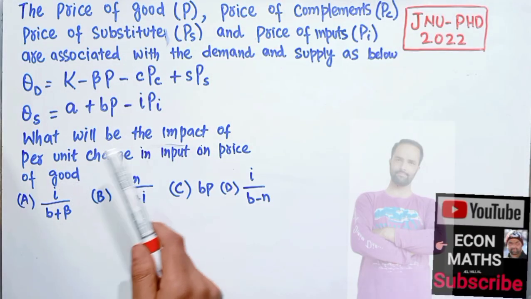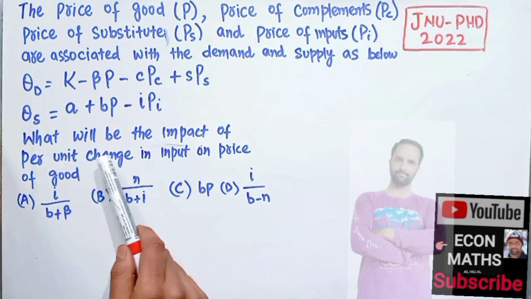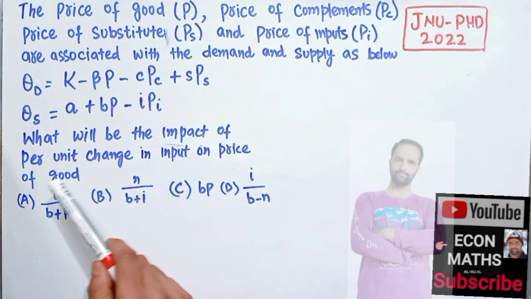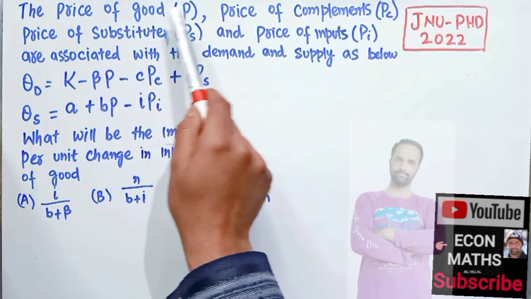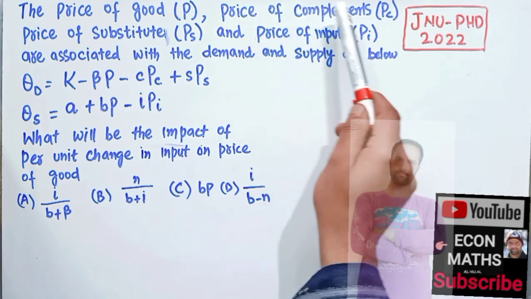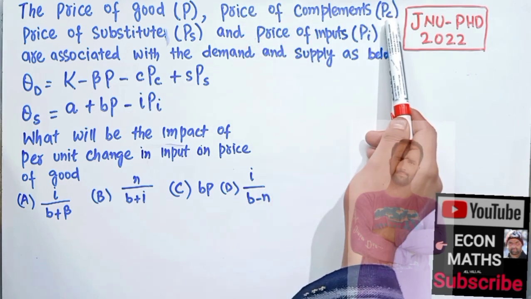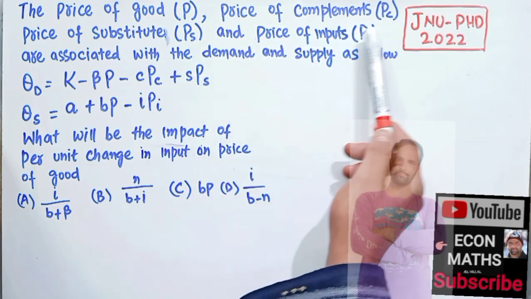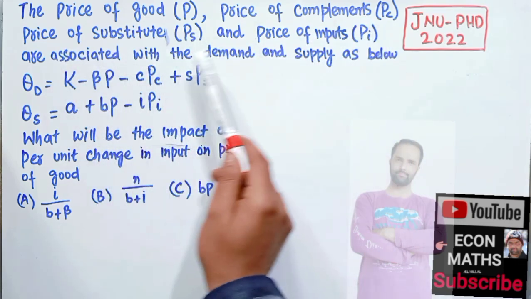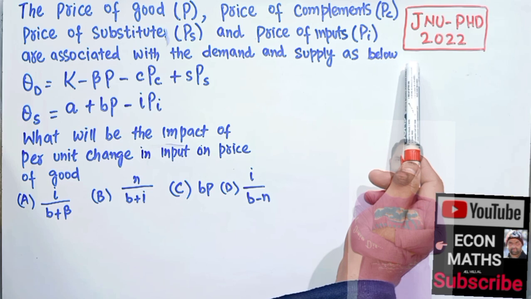The question is to find the impact of a per unit change in input price on the price of the good. The price of the good, denoted by P, the price of the complement, denoted by PC, the price of the substitute, PS, and the price of input, PI, are associated with demand and supply as below.